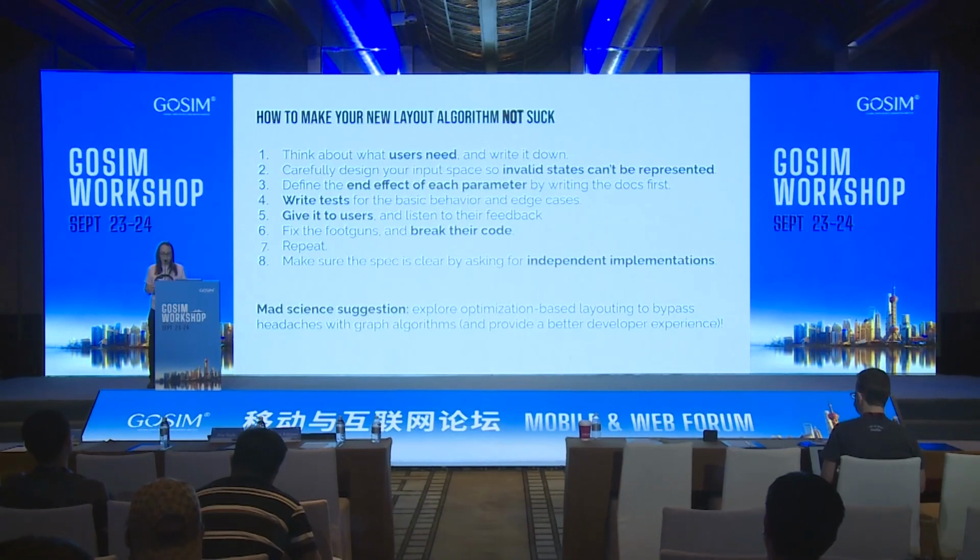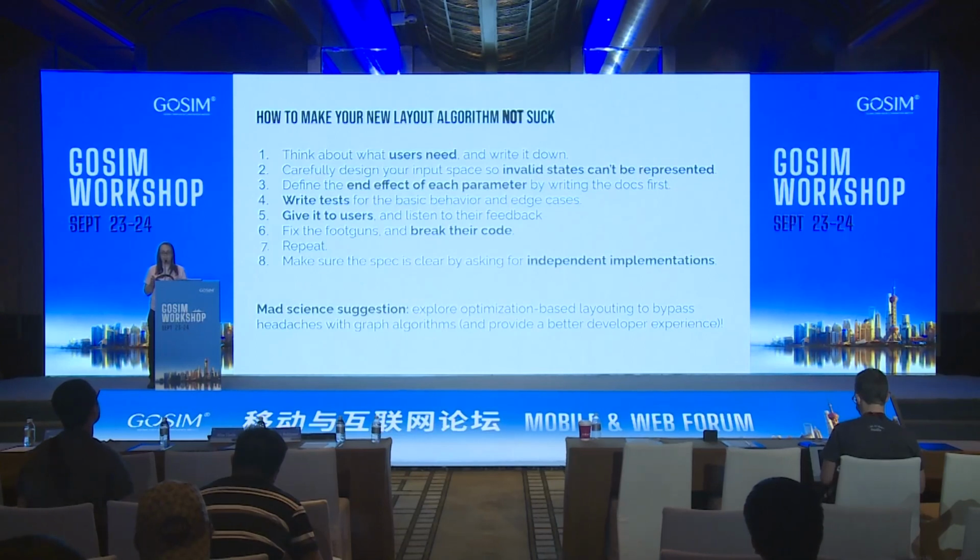Secondly, I think you should carefully design your input space so invalid states can't be represented, and that this is really at the heart of making everything else work. So then you want to say, okay, what does each parameter do? By going and writing docs. Before you do your code, try to write docs to explain to users what it does.